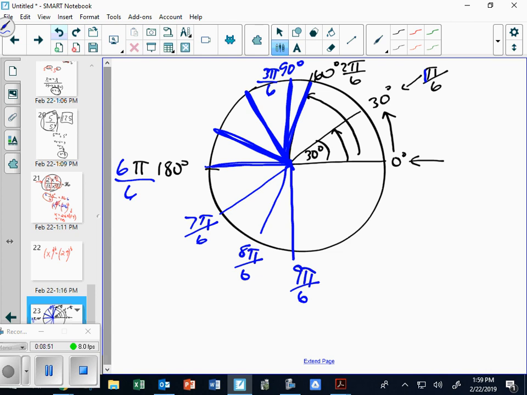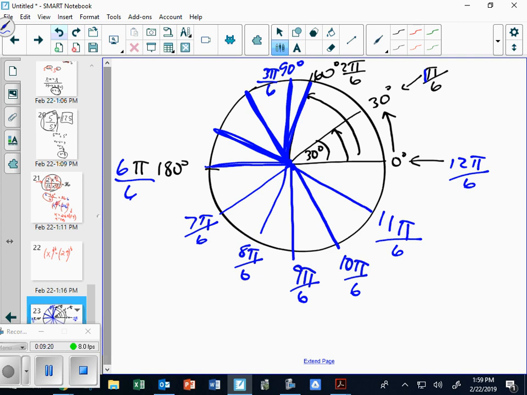But if I just keep counting, you see how it's so much easier to go 6, 7, 8, 9. This is 10 pi over 6. Could I reduce it? Yeah, but I'm counting in sixths. What's next after 10 pi over 6? 11 pi over 6. And then 12 pi over 6 means I got all the way back to the starting place. And what's 12 pi over 6? 2 pi.